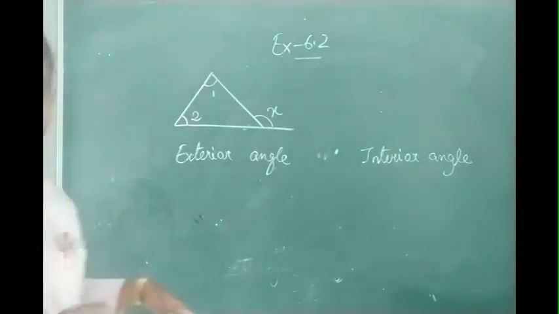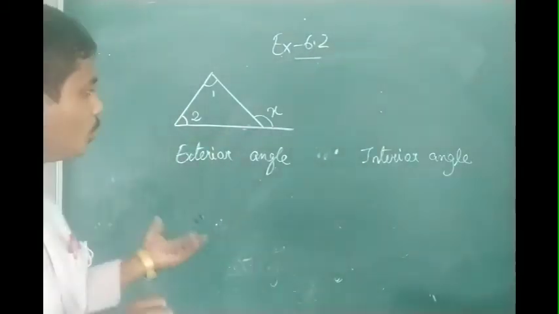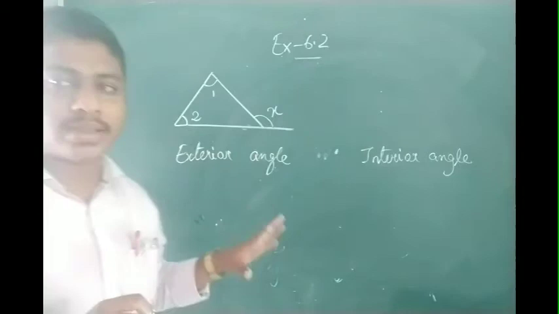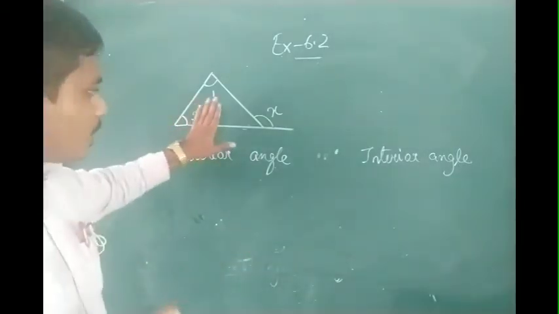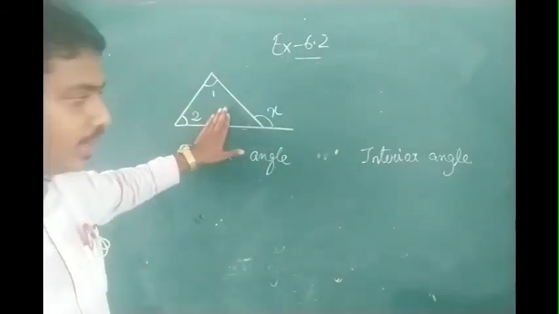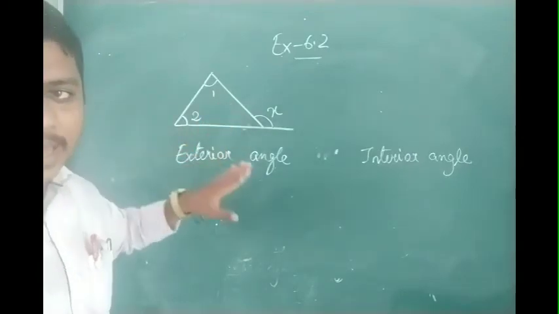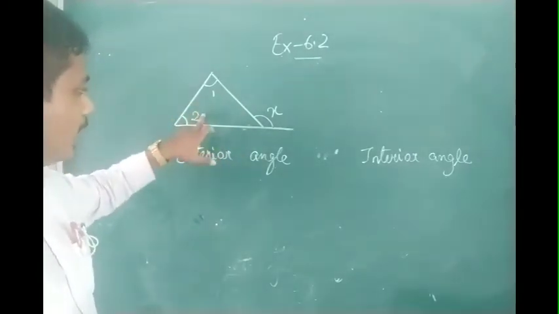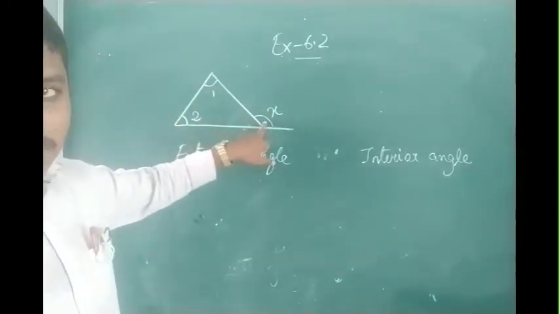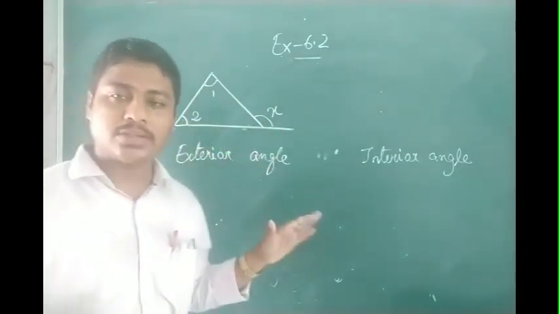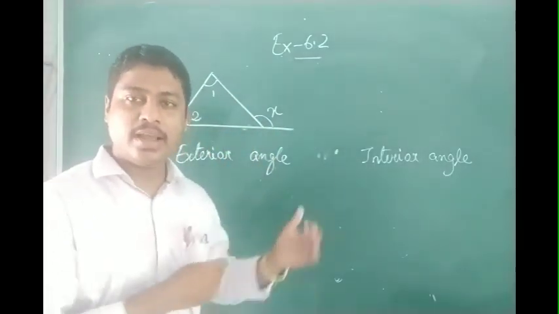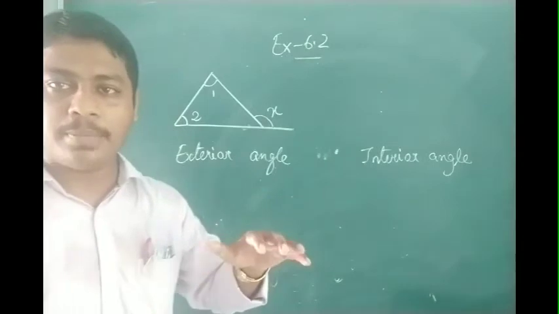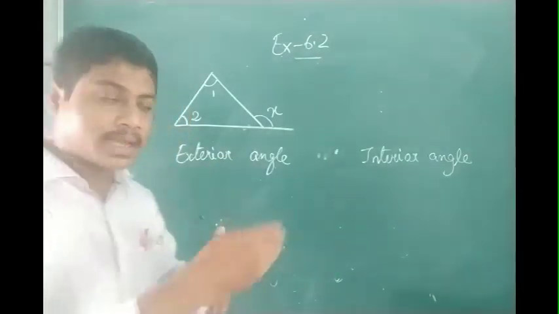For exercise 6.2, we have to first go through one property related to it. Suppose this is a triangle. In this triangle, we have some angles: angle 1, angle 2 and angle x. So here we have two kinds of angles, the exterior angle and the interior angle. Exterior means outside the triangle.